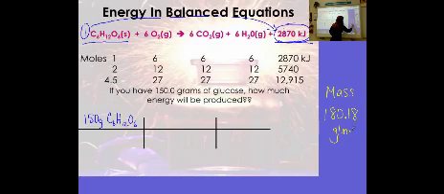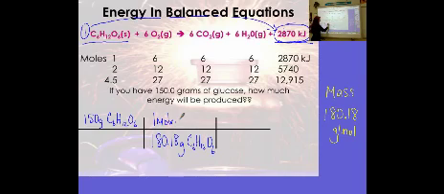The molar mass of glucose is equal to 180.18 grams per mole. So if I have grams up top, I need to put grams on the bottom. 180.18 grams of C6H12O6 is equal to 1 mole of C6H12O6. Grams cancel. I'm now in moles.